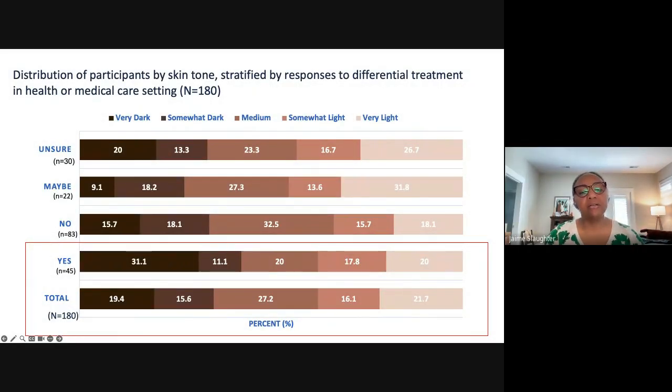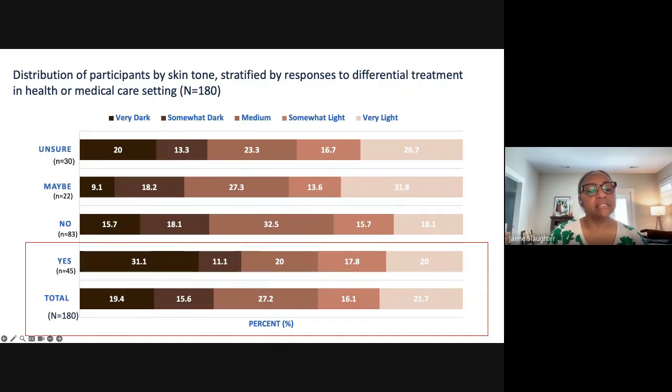So what we saw, this is from one of the closed-ended questions, right, is we were able to look at the distribution of skin tone among the 180 participants, stratified by their response to our question: have you ever experienced differential treatment because of your skin tone in a health or medical care setting?